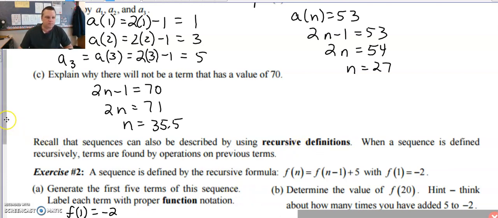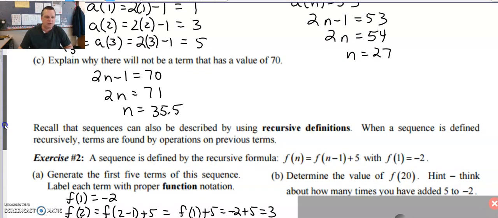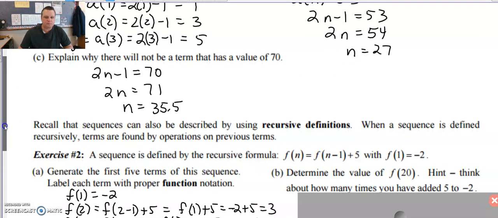Term 2, so it's f of 2. Wherever you see an n, you put in a 2. So f of 2 equals f of 2 minus 1 plus 5, which is f of 1 plus 5. Then you substitute in for f of 1, which is negative 2. Negative 2 plus 5 is 3. Follow it right across.